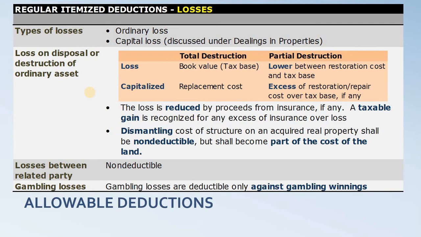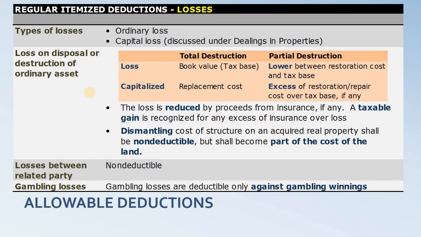When we say capitalized, it will form part of the depreciable cost of the asset and shall be deductible through depreciation. Again, the capitalized amount will only exist if the restoration or repair cost is greater than the tax base. And again, when we have a loss, it can be reduced by any proceeds from insurance received by the taxpayer.